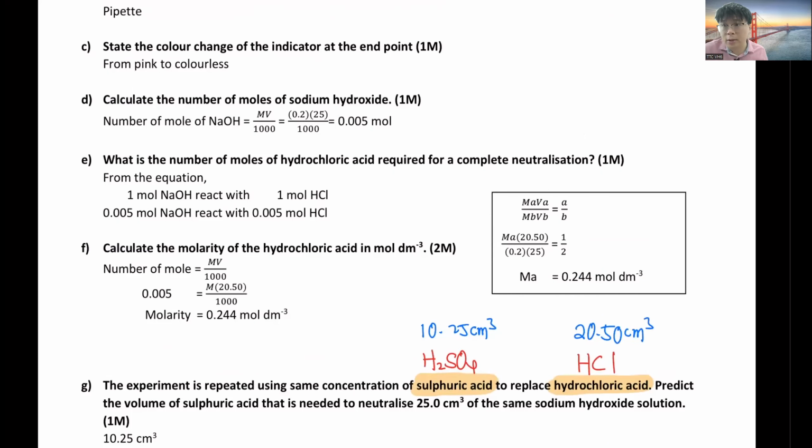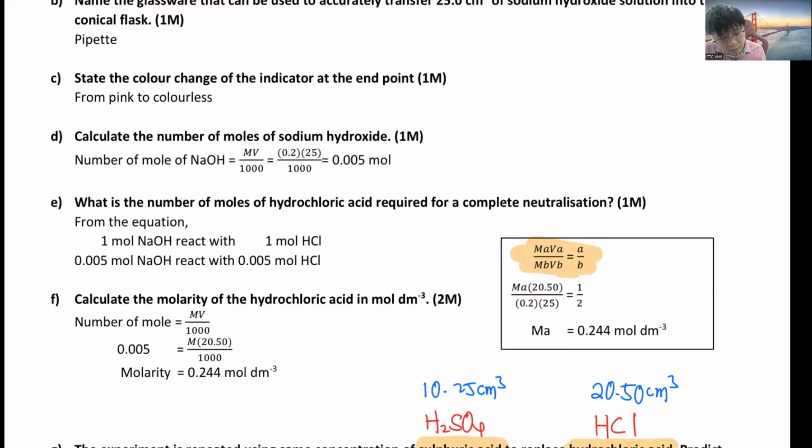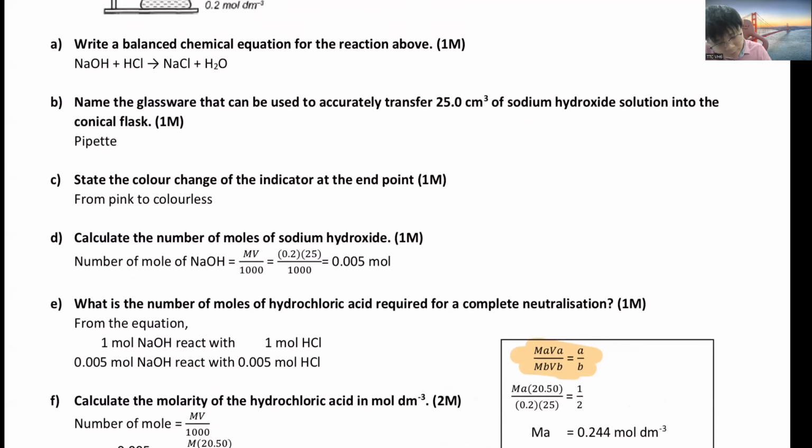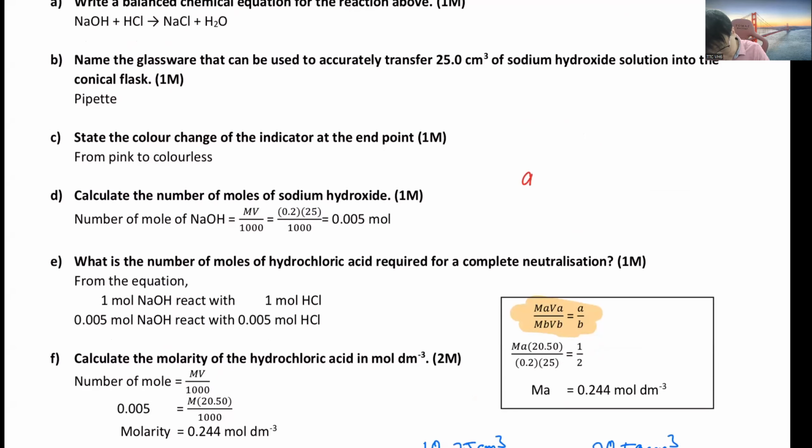For the calculation, there's another formula that you can use: MAVA over MBVB equals a over b. How to know what a over b is depends on the equation. For the equation here, a stands for acid, b stands for base. Base means alkaline.